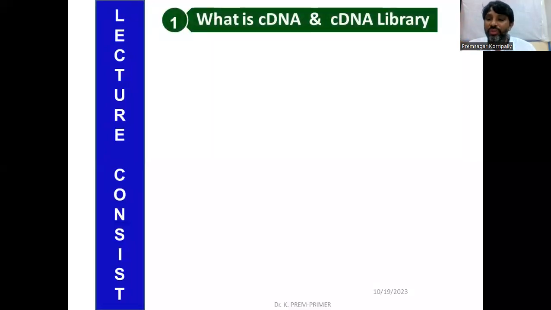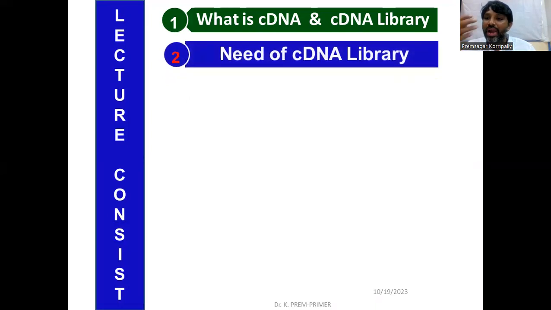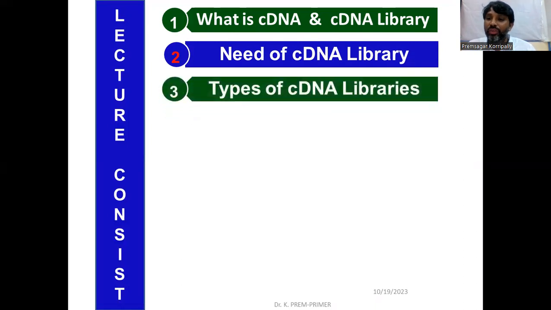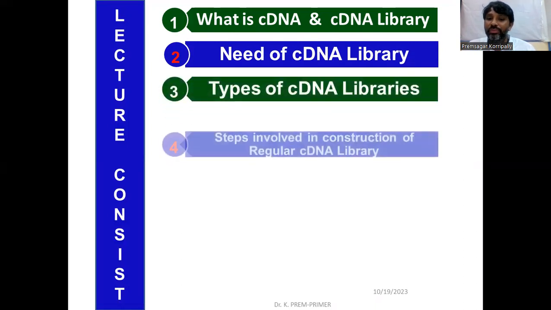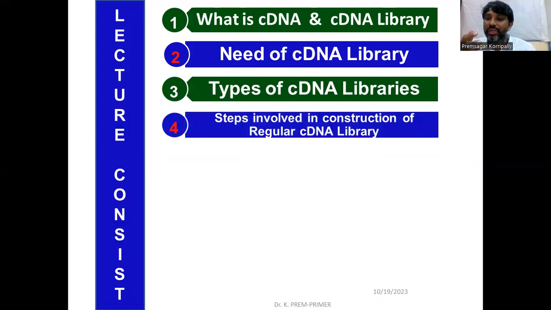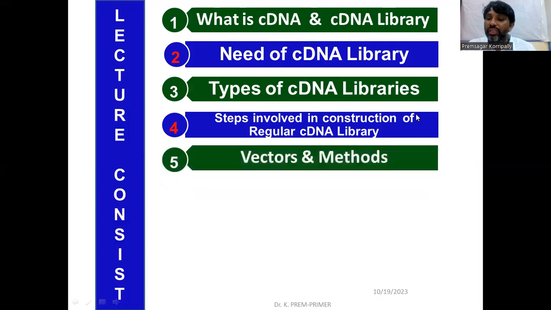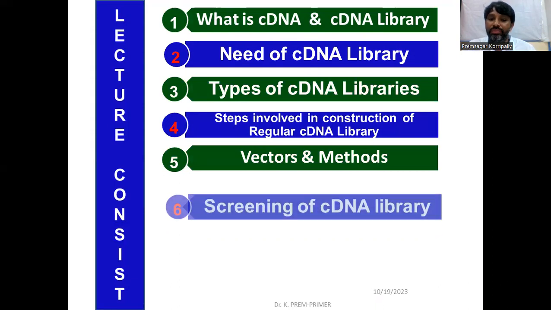The first one is we'll define what is cDNA and cDNA library, and why we have to construct this cDNA library, the need of cDNA library construction, and what are the types of cDNA libraries, and how do you construct, what are the steps involved in the cDNA library construction, and what are the vectors and methods used in the cDNA library construction.